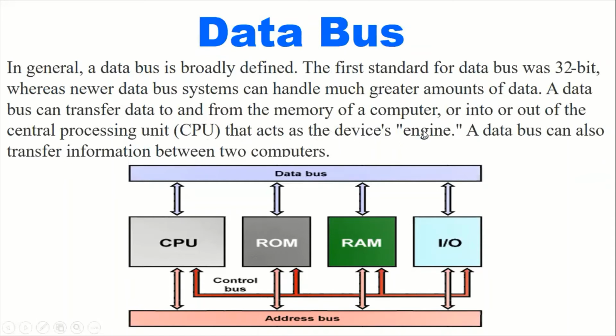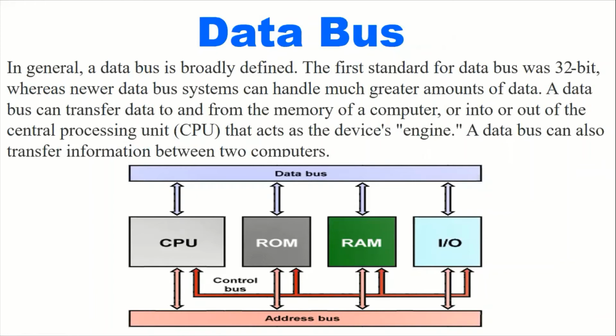The data bus is responsible for moving data from one component of a computer to another, towards the CPU and memory. A data bus can also transfer information between two computers. With the help of the data bus, we can transfer data between two computers as well.